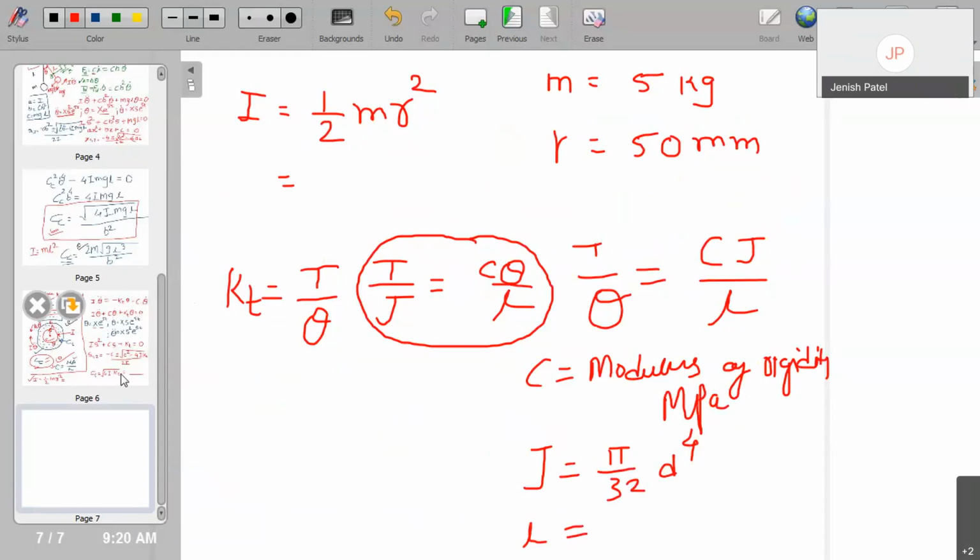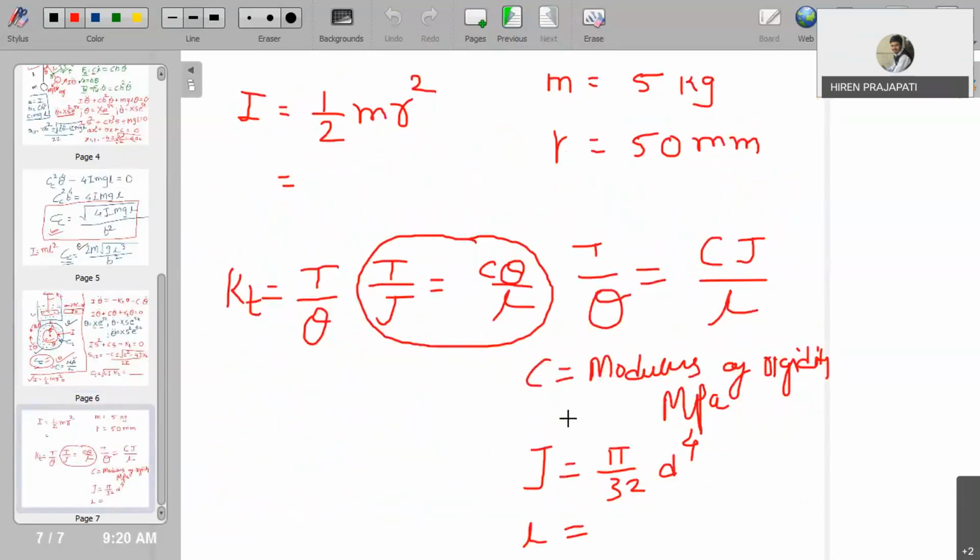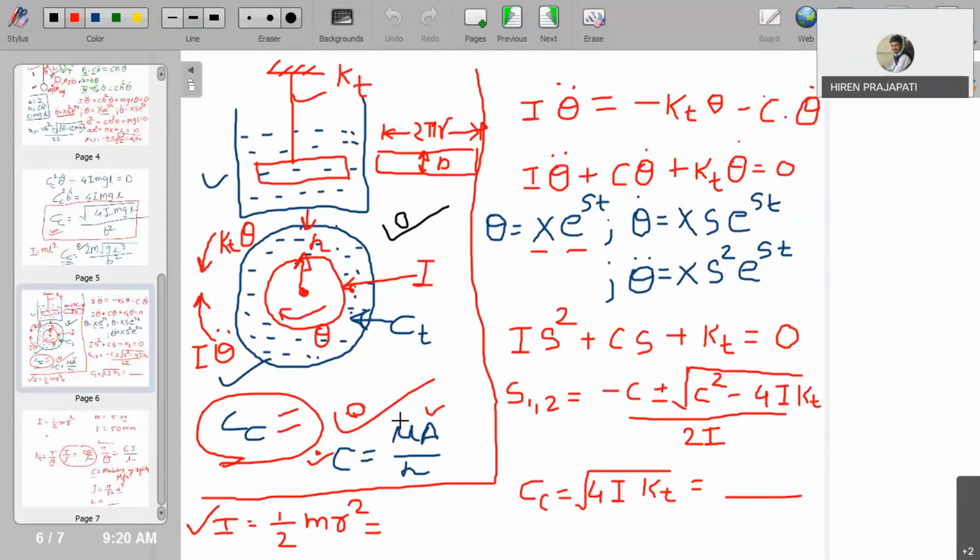Means now if I go to this plot, then length is this, and the cross-section area of this wire we assume is circular. Then you can easily find out kt if I give you all these values: what is C, what is D, what is L. Then by putting all these values in this equation, you can find T by theta, which is nothing but kt. So kt is known, I is known, right? Then you can find out for this system what should be Cc to make this system vibrationless, right?